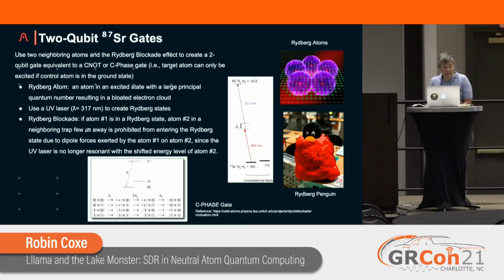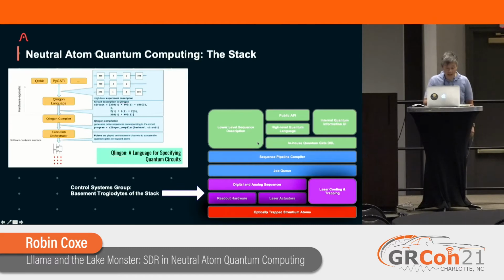The net effect is a dipole interaction with its neighbor, such that it shifts its neighbor's excited energy level off-resonance, and the laser cannot reach this state. This phenomenon is called a Rydberg blockade, and we can take advantage of it to create entangled 2 qubit gates. It sounds crazy, but it does actually work.